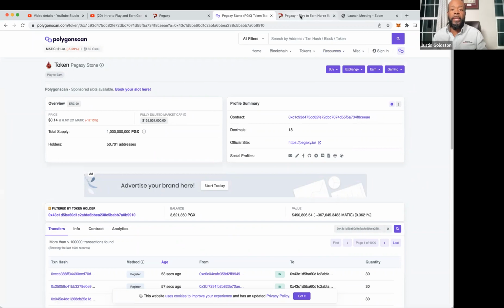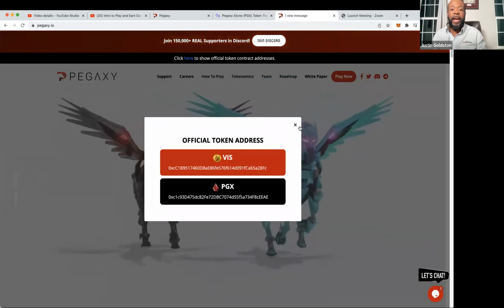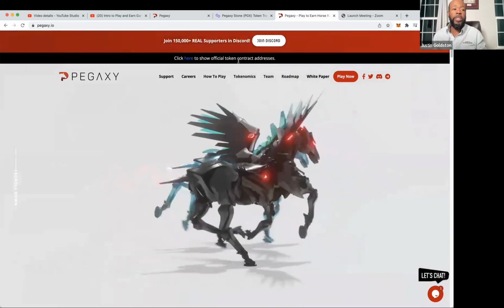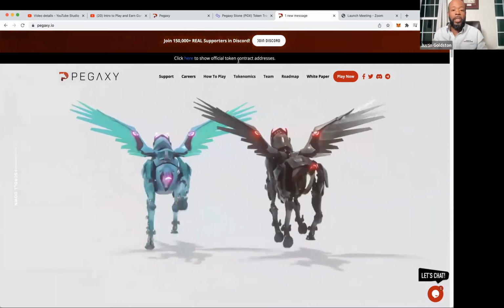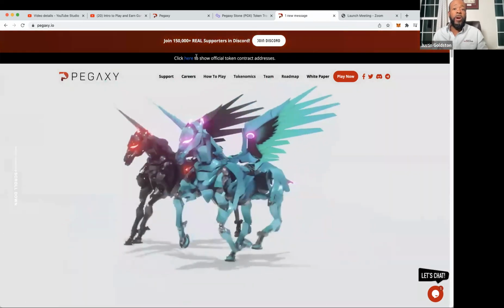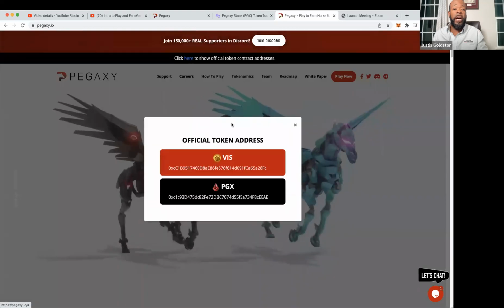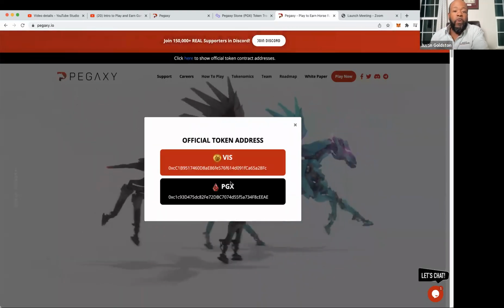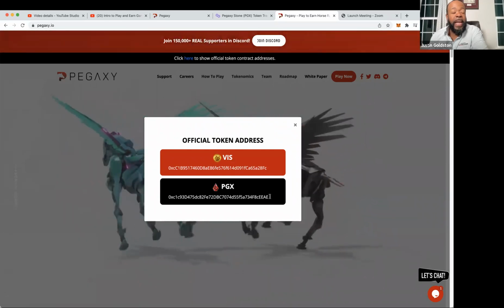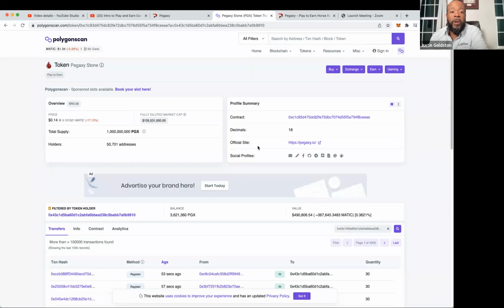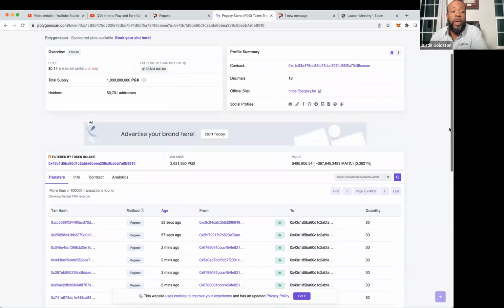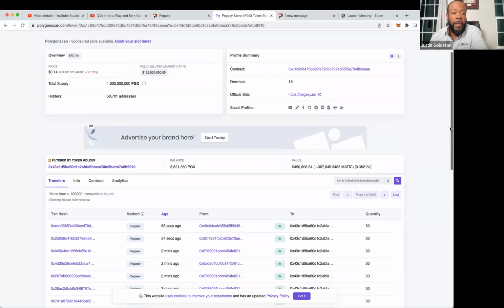If I go to Pegasy, and I go to this option up here that says, click here to show the official token addresses. Again, the blockchain is built on smart contracts. So this is essentially saying, what are the smart contracts for Pegasy? And for that PGX token, it ends in CEEAE. So if I go back here, those 30 governance tokens were sent to this PGX address, okay?